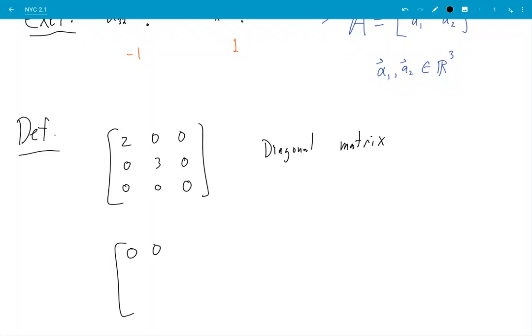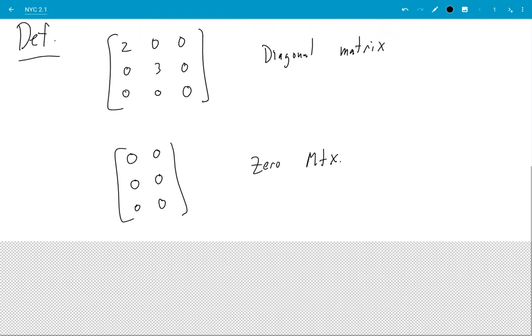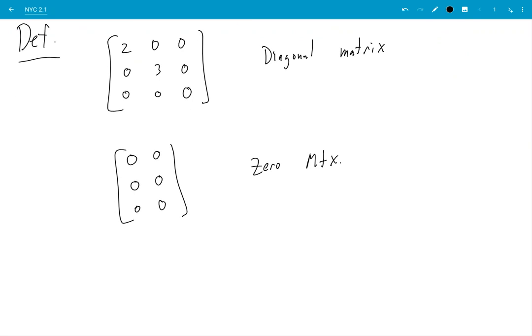Okay, then you have the 0 matrix. These are zeros, not your weird looking zeros. It's called the 0 matrix. What else? Oh, we have the identity matrix. 1, 1, 1.